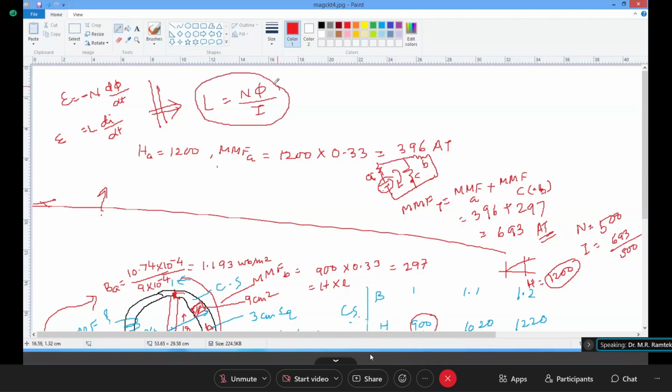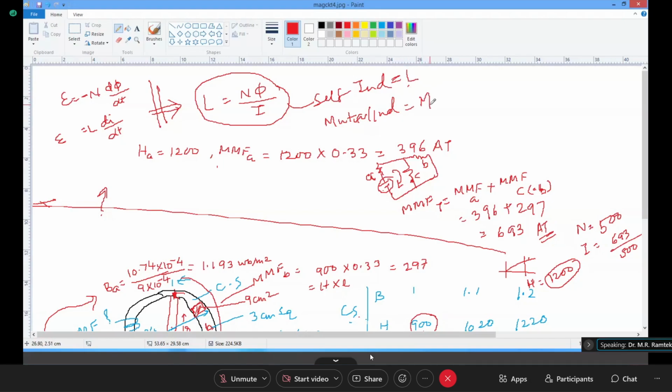Understood or not? So this is how. Again, there are two types of inductance. This is the self-inductance, and another is mutual inductance. Normally, L is used for self-inductance and mutual inductance is represented by M.